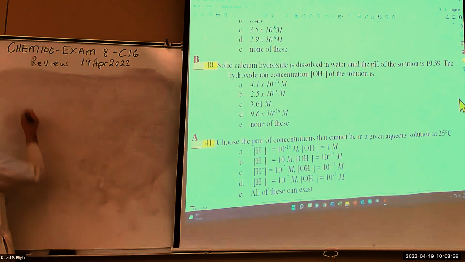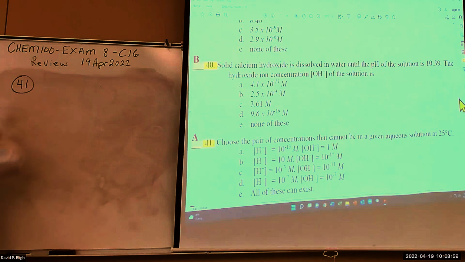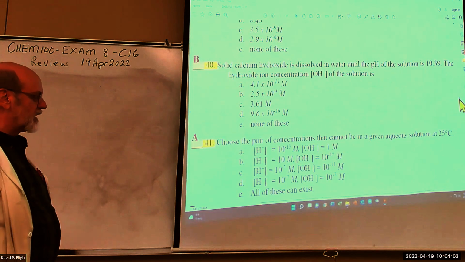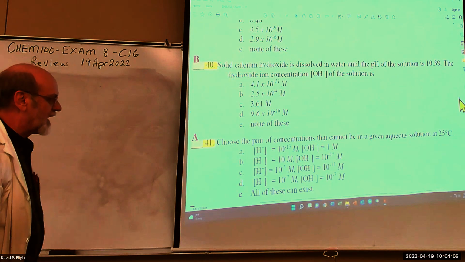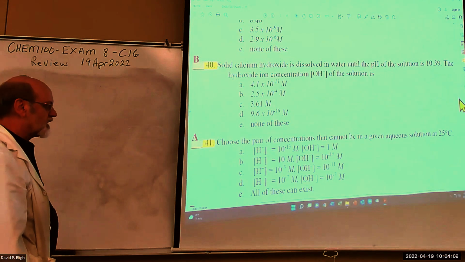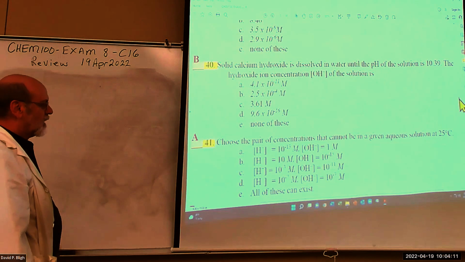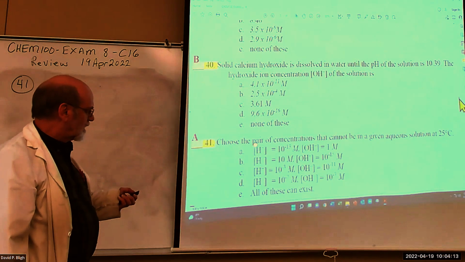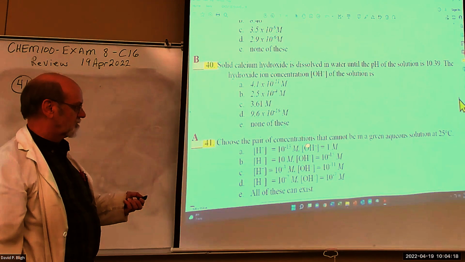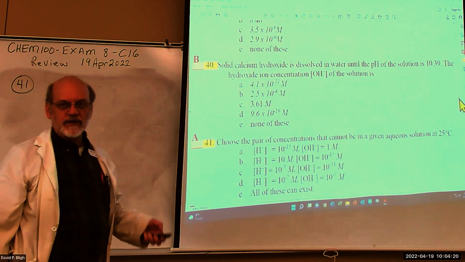41. Okay. Choose the pair of concentrations that cannot be in a given aqueous solution at 25 degrees C. The pair of concentrations that cannot be. Okay, so we're comparing hydrogen ion concentration and hydroxyl ion concentration in aqueous solution at 25.